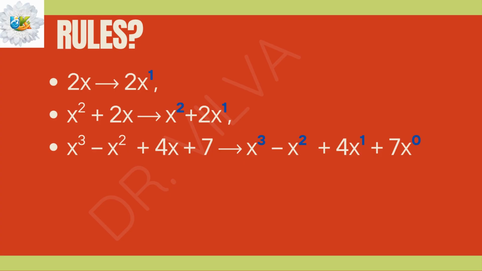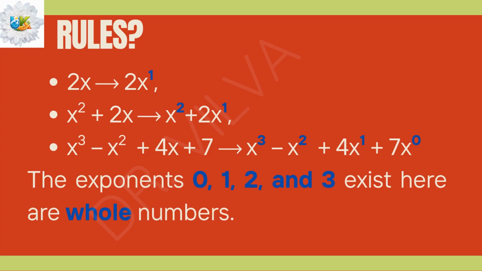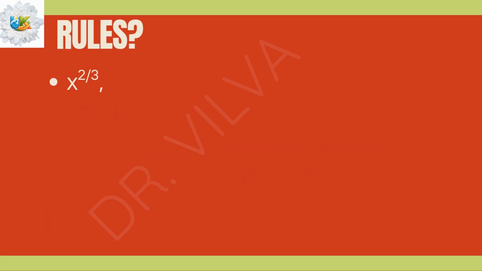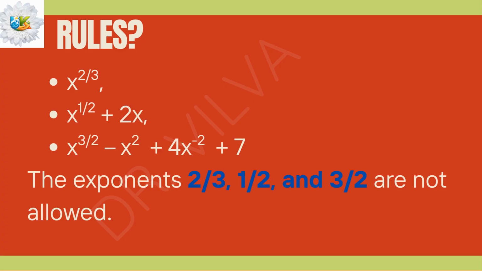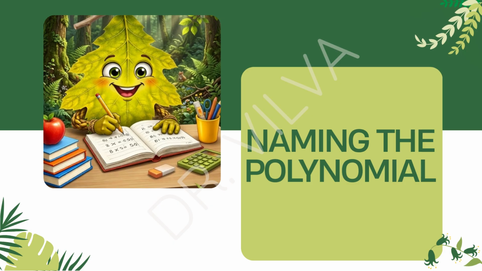Therefore, the exponent is 0. Here, all the exponents are whole numbers. Look at these examples. If the exponents are 2 by 3, 1 by 3, 3 by 2, etc., then they are not a polynomial.